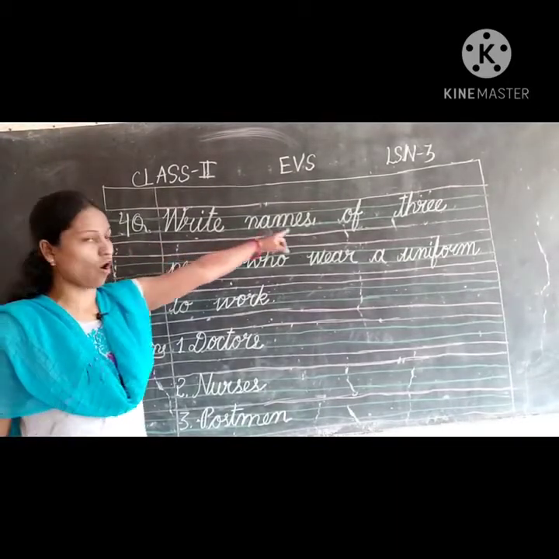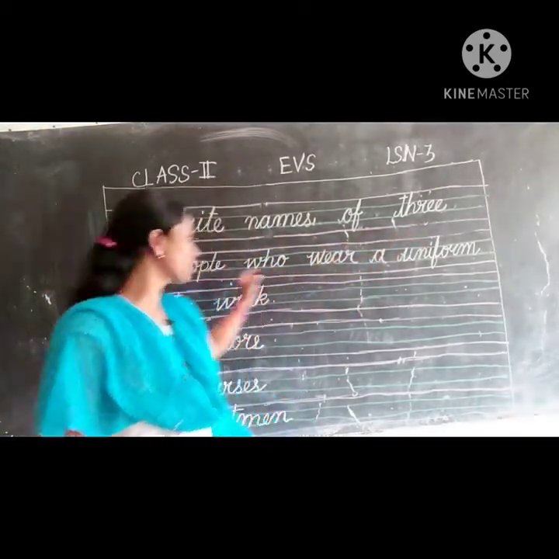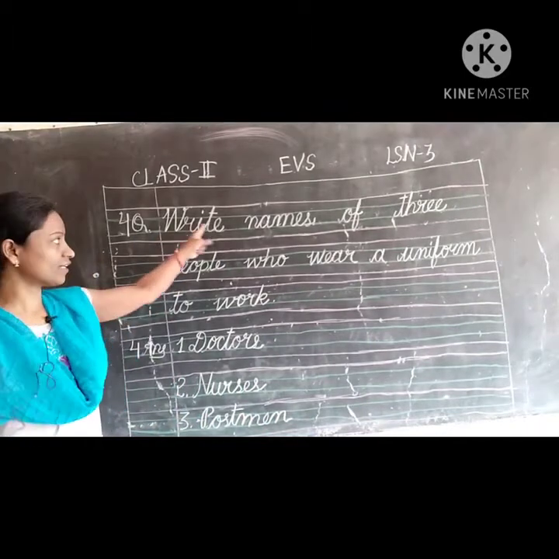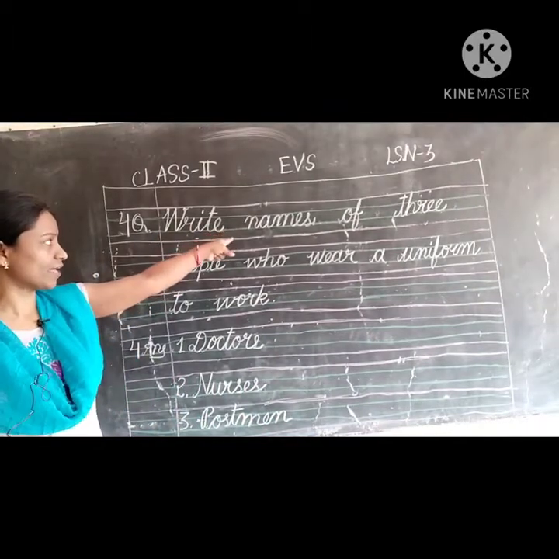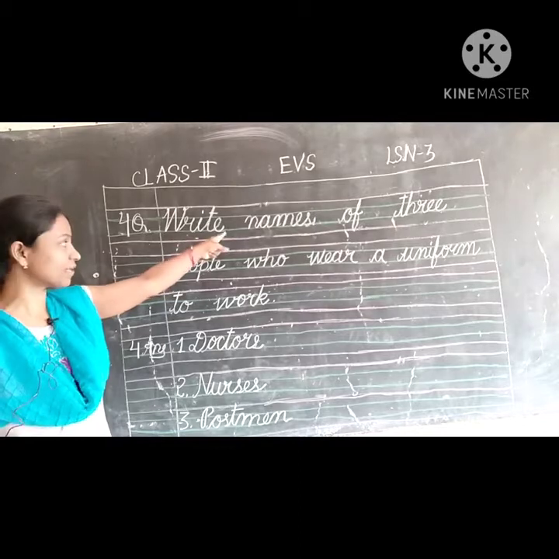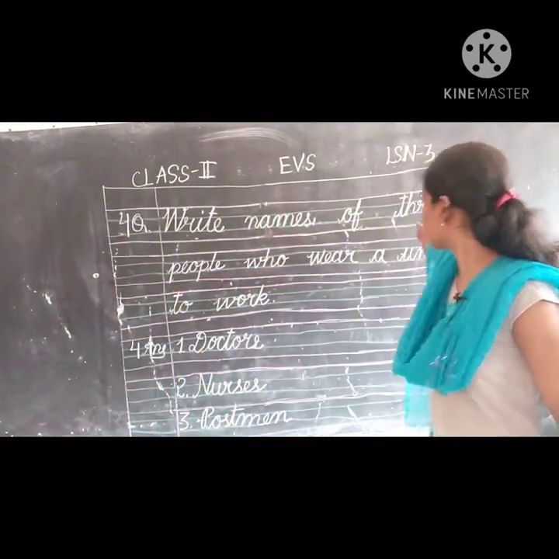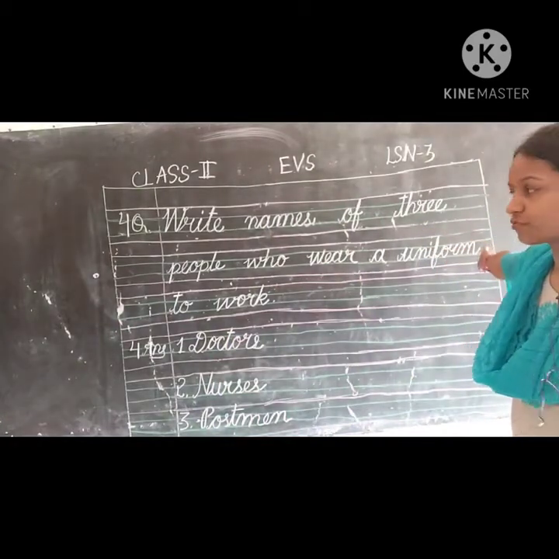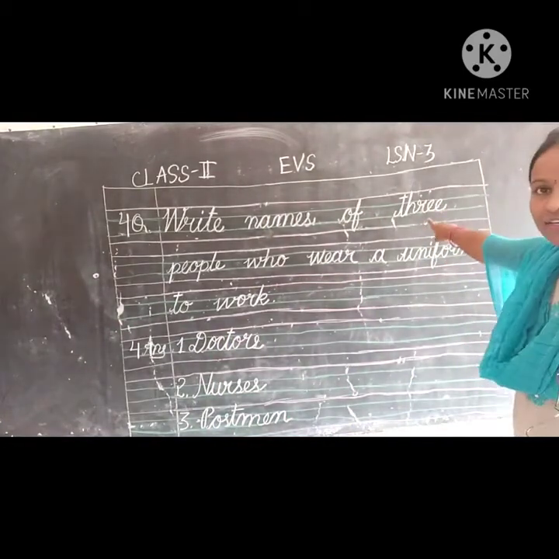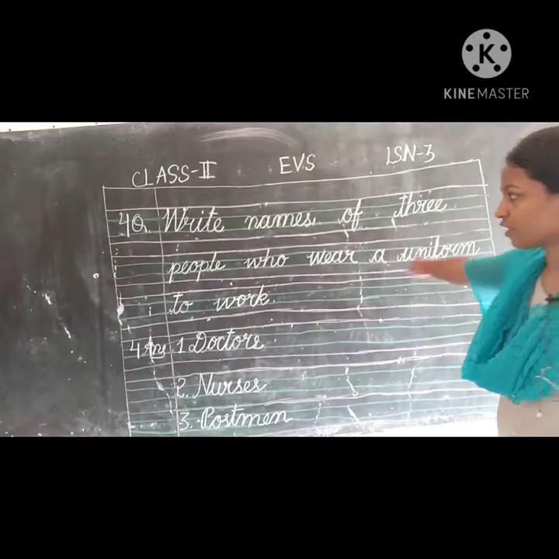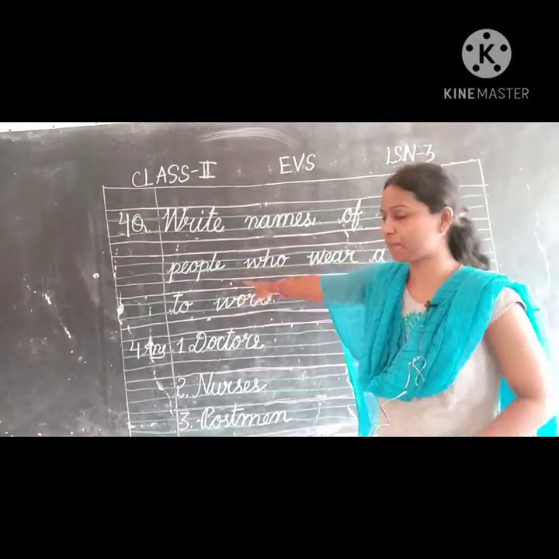Write names of 3 people. Write names, N-A-M-E-S, names. Don't be confused children, names of 3, T-H-R-E-E, 3. Don't write the digit there. Just write T-H-R-E-E, 3. P-E-O-P-L-E, people.